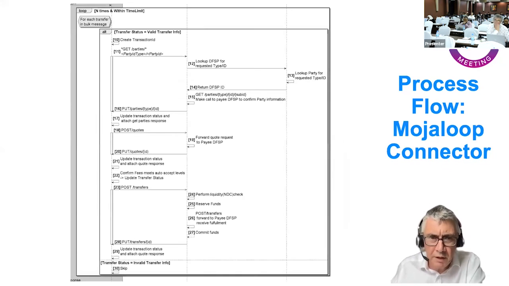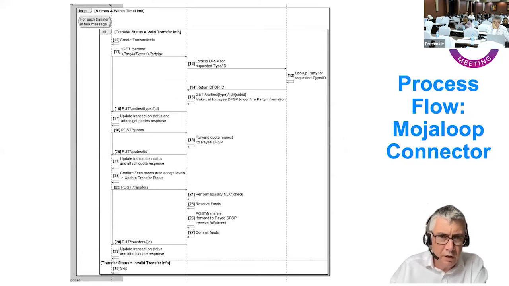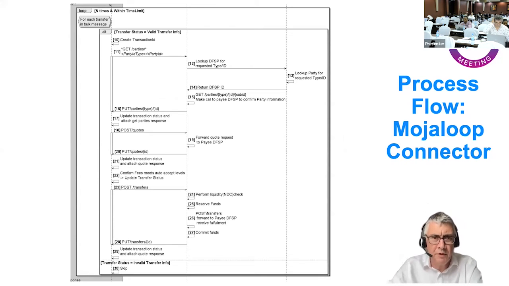Moving on to the Mojaloop Connector side, this is a little more complex, as you can see. So down here we have this line here is for the Mojaloop Hub, and this here is the Oracle. So we loop through each transfer in the bulk message we've received. So we create a transaction ID for it, a Mojaloop transaction ID.